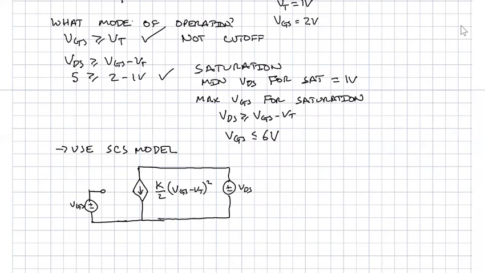So what's that drain source current, which is IDS. So IDS is equal to, start plugging things in. So K was 1 milliamp per volt squared. We have a factor of 2. Let's not even write the units.